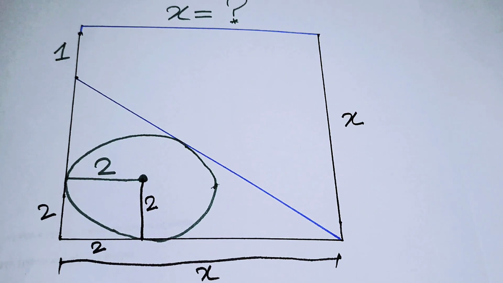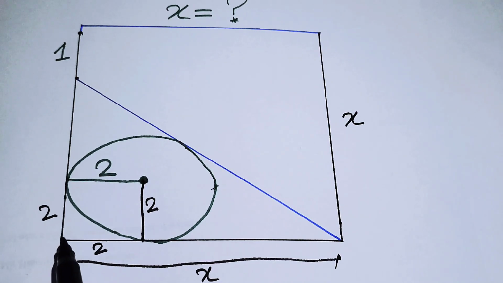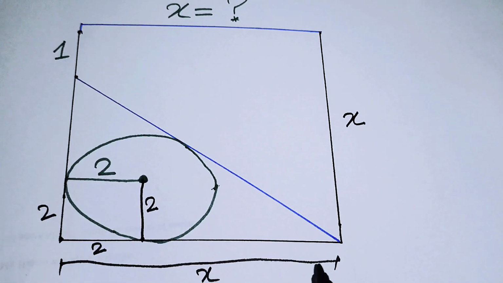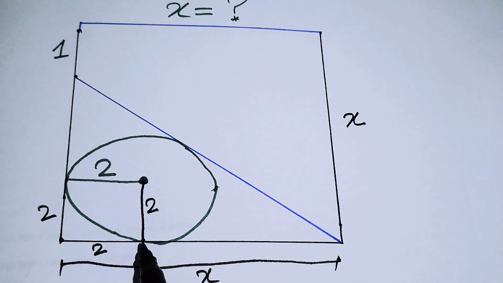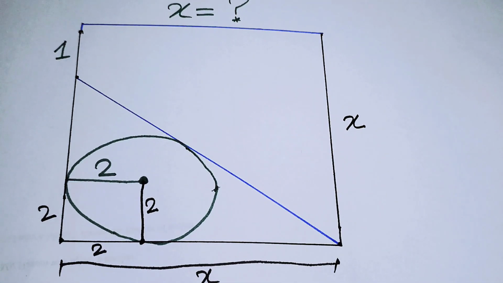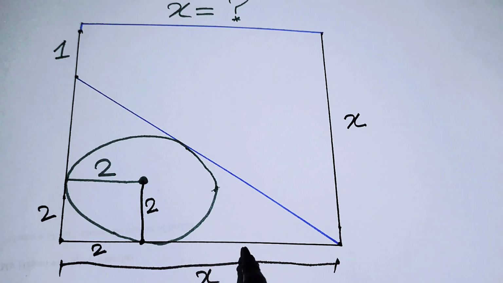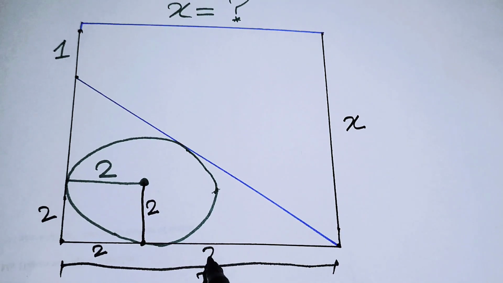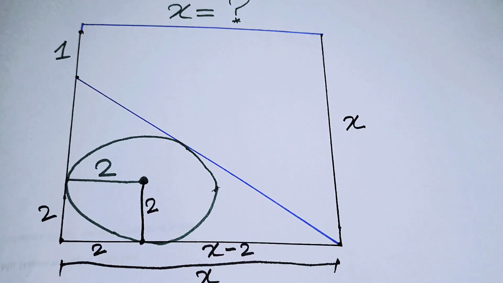And here the line segment is 2 and the length of the whole line segment is x, so if you take the difference between x and 2, you will get the length of this part, which is x minus 2.